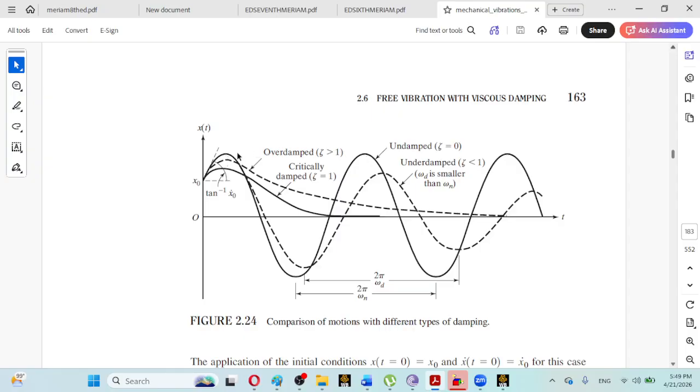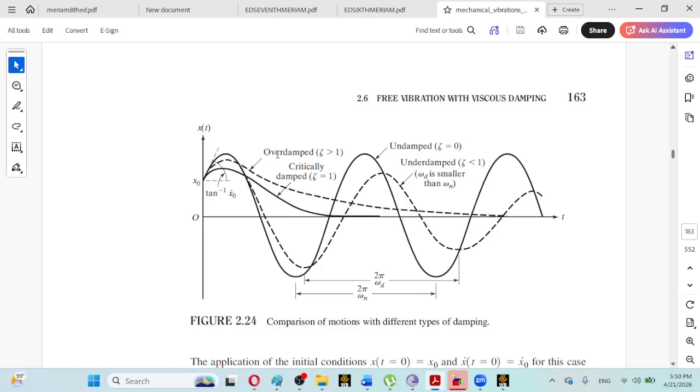So the wavelength for the undamped oscillations is smaller. Because the wavelength for the damped oscillation is greater, the frequency is smaller, and the time period for the larger wavelength will certainly be greater. So this is the reason.